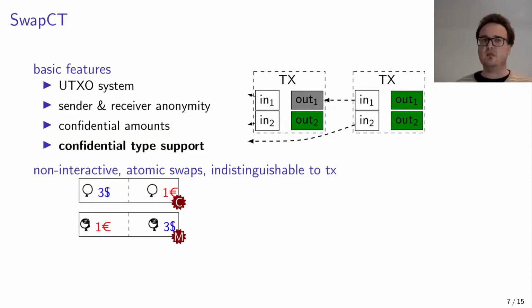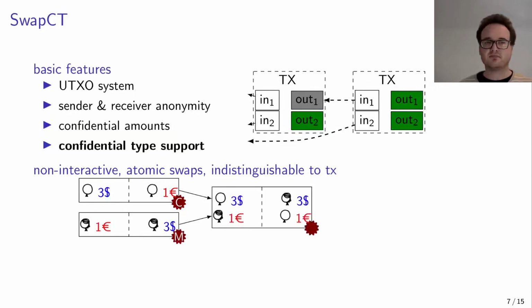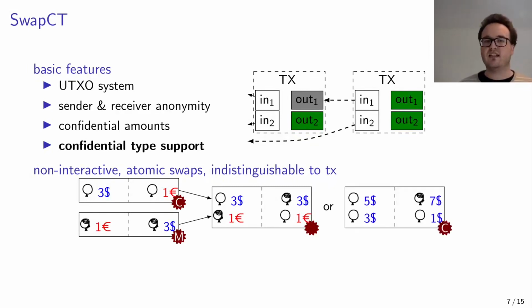It says that I authorize to spend my €1 input if I get $3 back. And then somebody can join both together and get a more or less balanced transaction, which should then be indistinguishable from a transaction which is probably created by Kubo himself and signed.